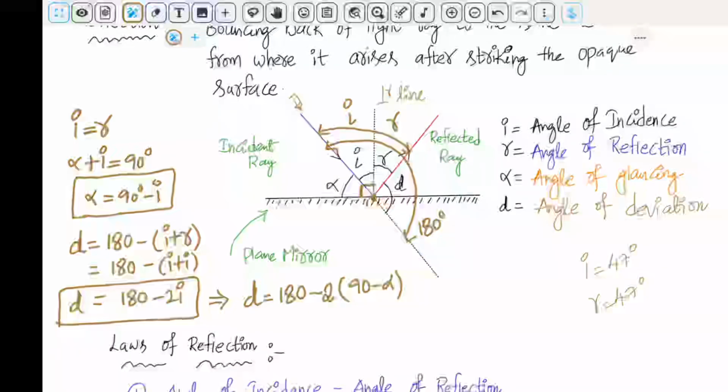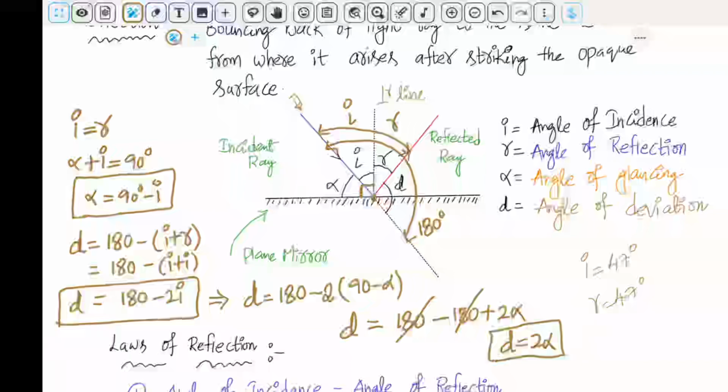If you write like that, you will get D is equal to 180 degrees minus 180 degrees plus 2 alpha. Now 180 cancels, therefore D is equal to 2 times alpha. This is the relation between angle of deviation and angle of glancing.